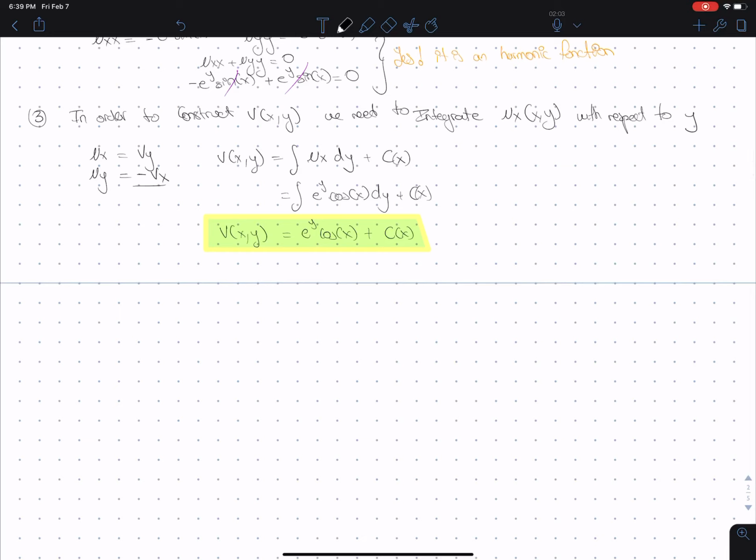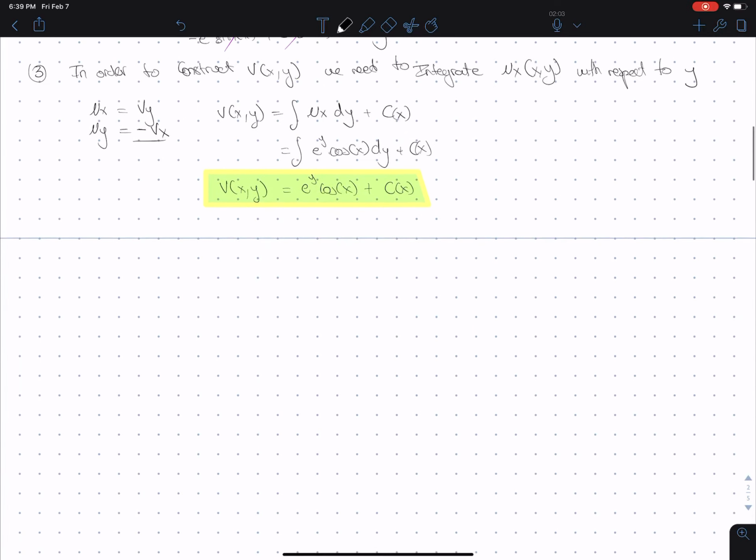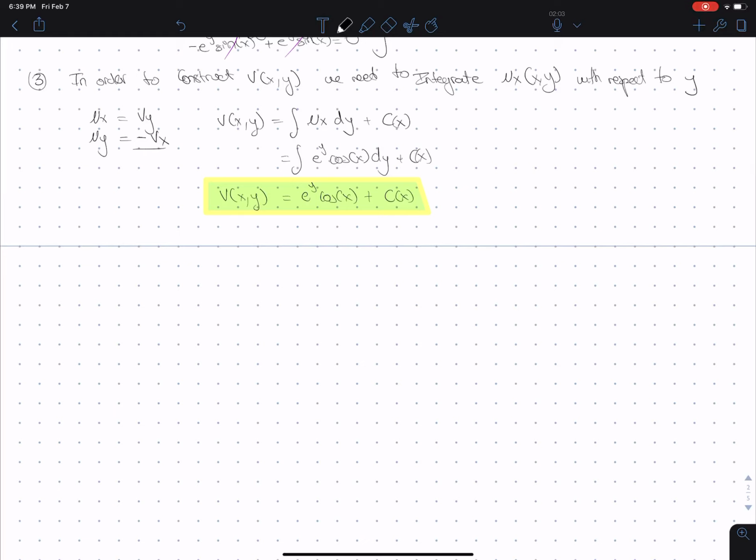So now, the fourth step is that we need to differentiate the left and the right side of the equation with respect to x. In order to get b of x, it's going to be equal to u of y.